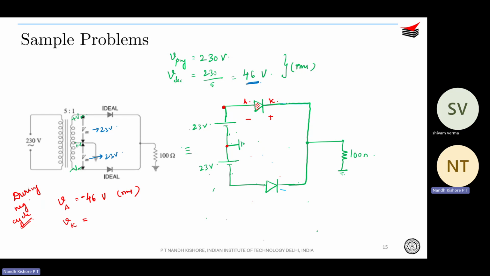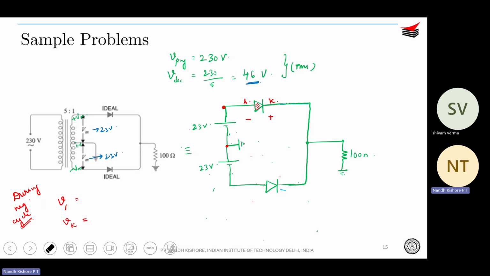We are physically tapping from the midpoint, that is our connection. So the entire winding spans from top to bottom. Individually between the center tap, you get 23 and 23, which means the total voltage is 46. So we have to make this correction over here as well.